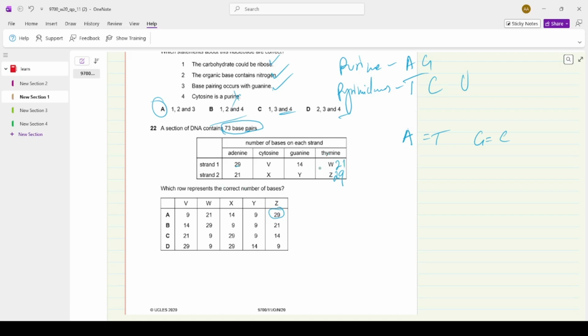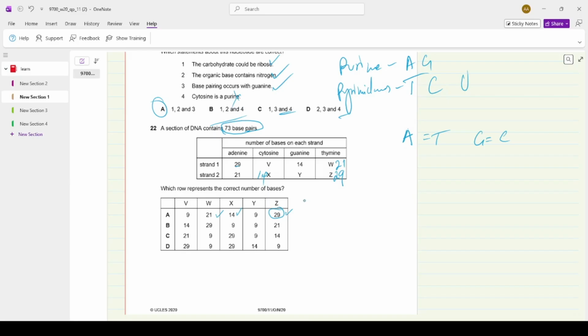Then what else can we conclude from here? If we have 14 guanine on one strand, then we must also be having 14 cytosines on the opposite strand, because they are pairing together. So far we have confirmed this, this, and then also this.